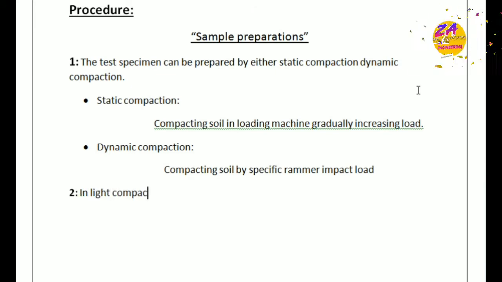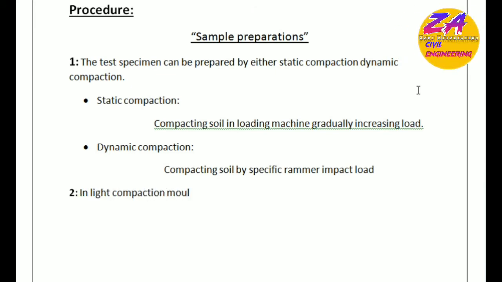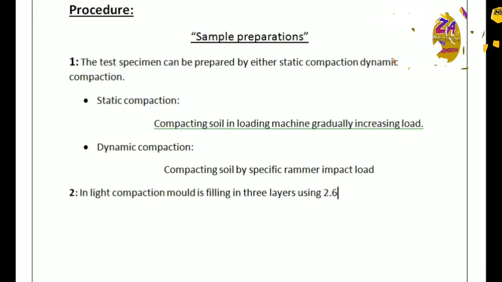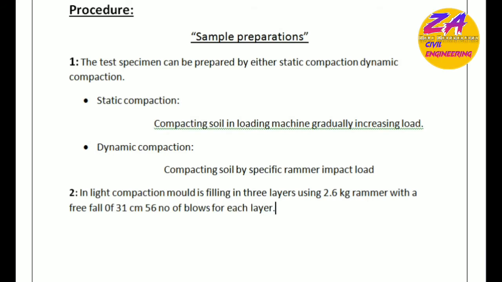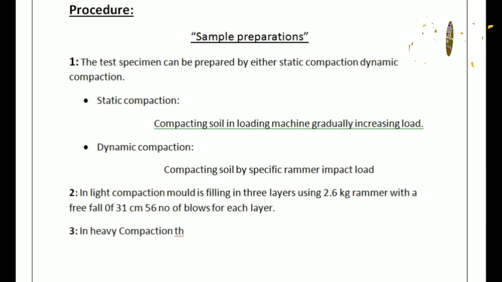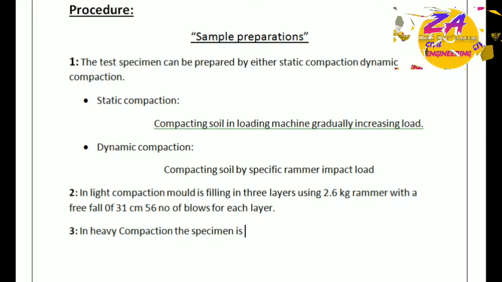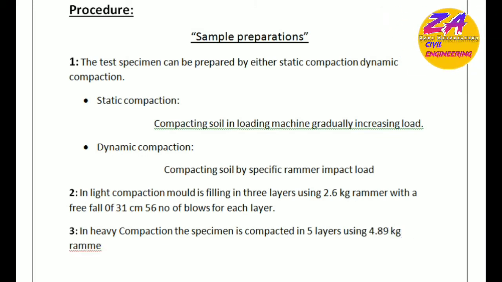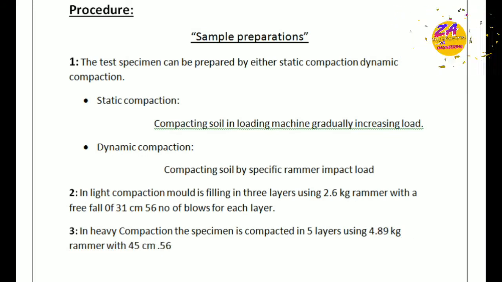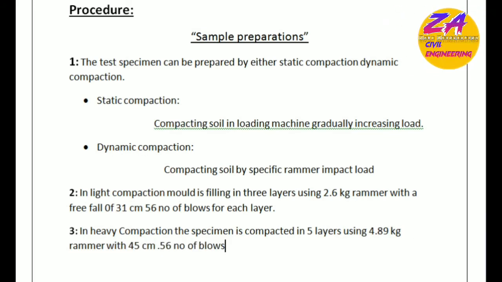In light compaction, the mold is filled in 3 layers using a 2.6 kg rammer with a free fall of 31 cm, with 56 blows for each layer. In heavy compaction, the specimen is compacted in 5 layers using a 4.89 kg rammer with a 45 cm fall, with 56 blows for each layer. Right?